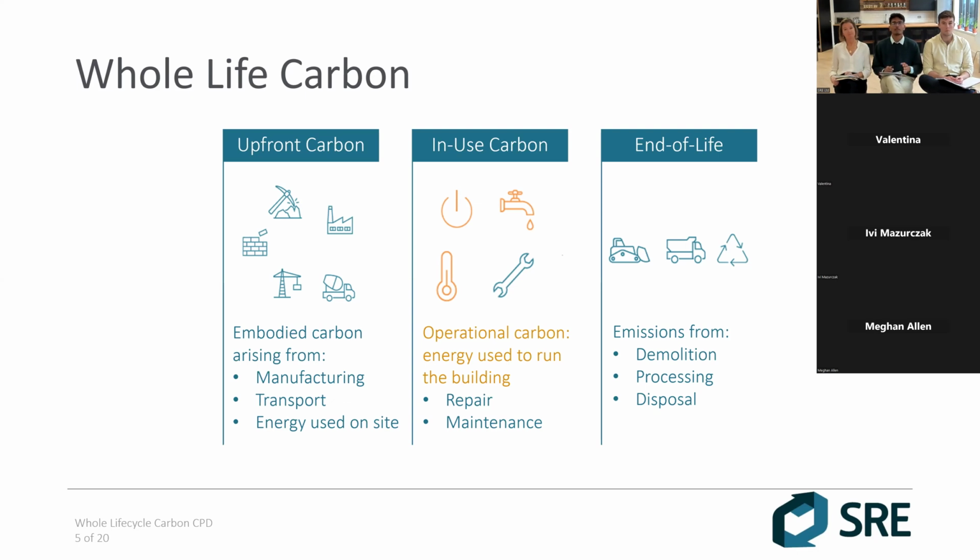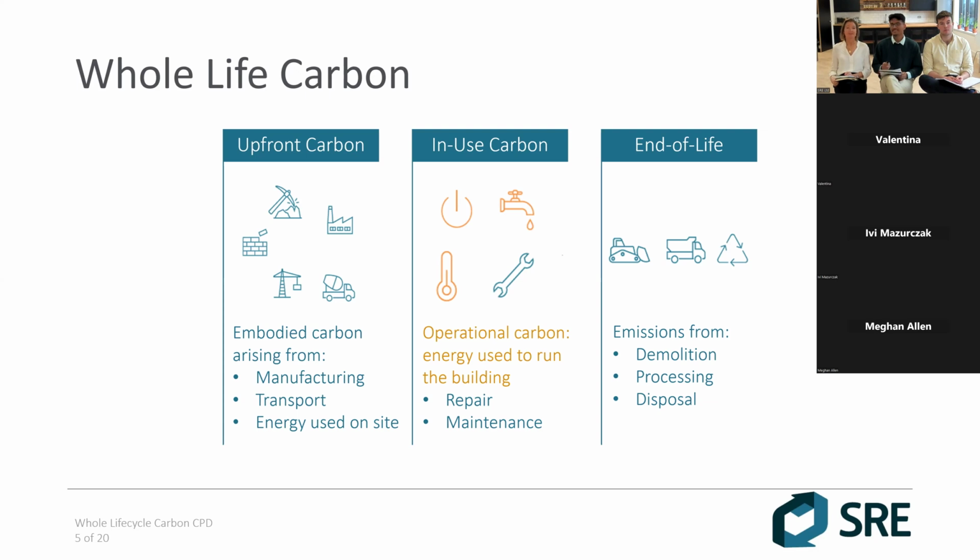End-of-life carbon: with the building coming towards the end of its life cycle period, there are demolition activities associated with it. This particular category accounts for the emissions coming with the demolition activities and also the processing and disposal of the waste generated from demolition. But why is embodied carbon even becoming relevant in the next few years?